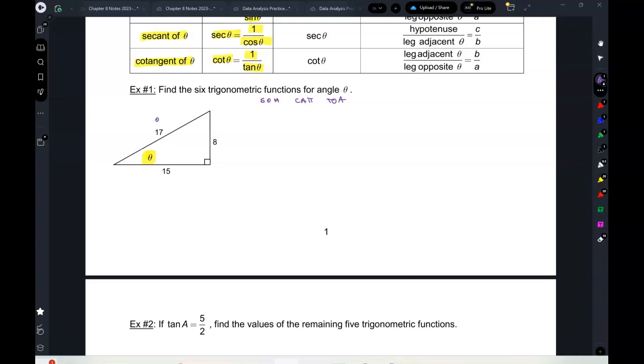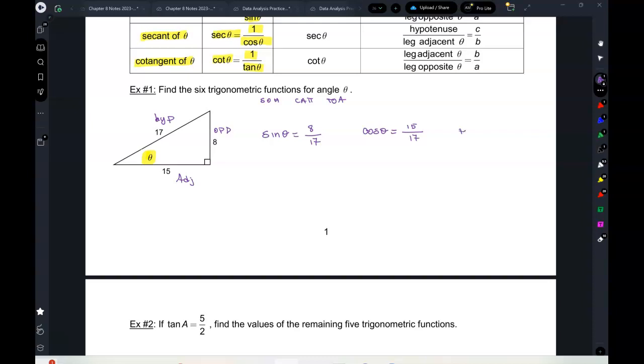The hypotenuse is always the easiest because it's the bigger one, right? Opposite to the 90 degrees. And then I have opposite and I have adjacent. So sine of theta equals opposite over hypotenuse, 8 over 17. Then you ask yourself, can I simplify this? You can't, so that's it. Cosine of theta is what over what?